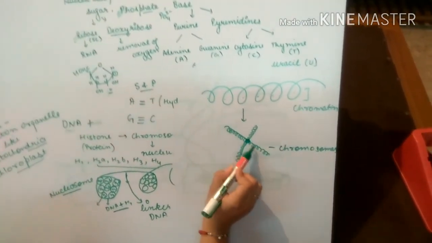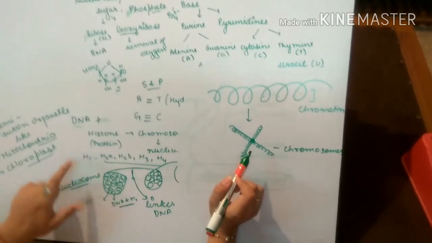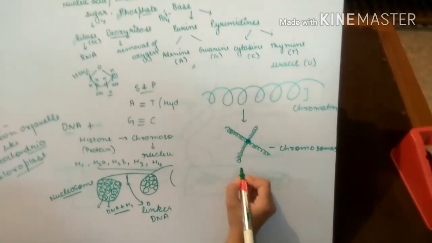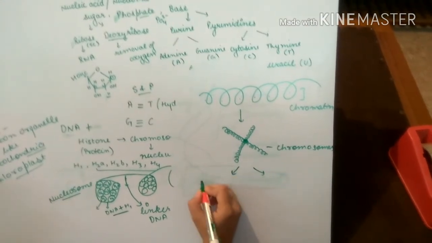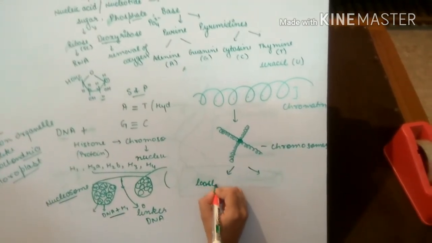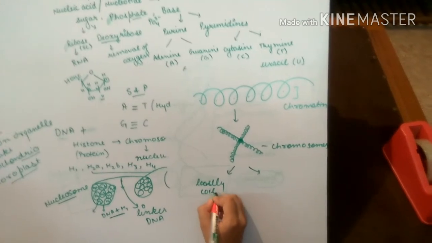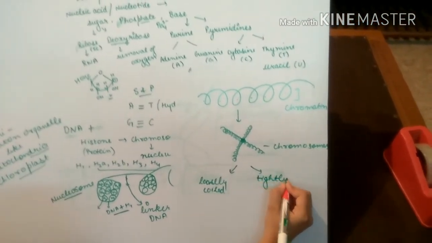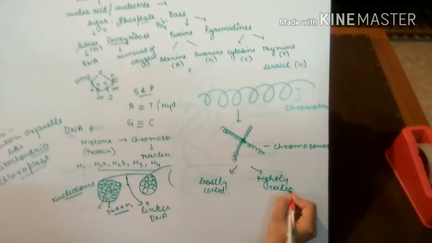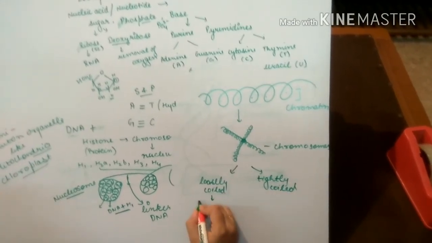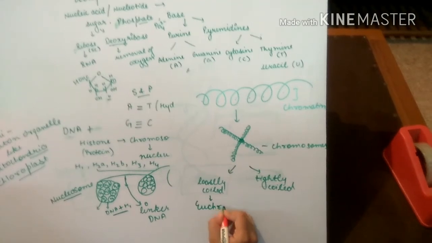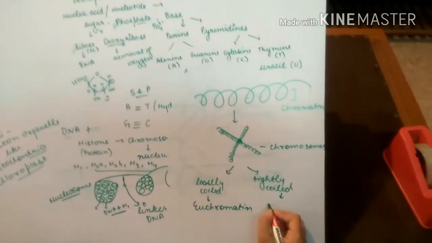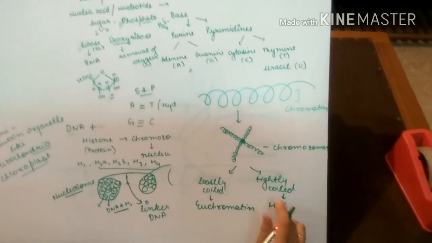This is the coiled structure of the DNA, which is formed by these histone proteins. So in some regions, it can be loosely coiled, or in some regions it can be tightly coiled. Loosely coiled regions are known as the euchromatin, and tightly coiled regions are known as the heterochromatin.